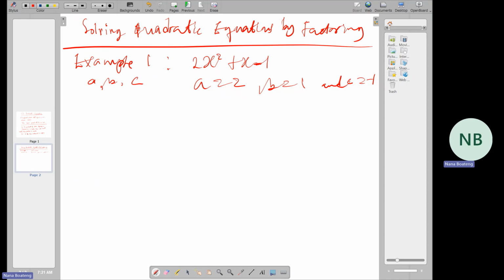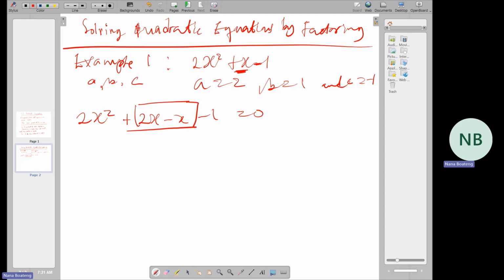So the next thing that we do is to find a way to express B in terms of the product of A and C. So you would realize that x is the same thing as 2x minus x.